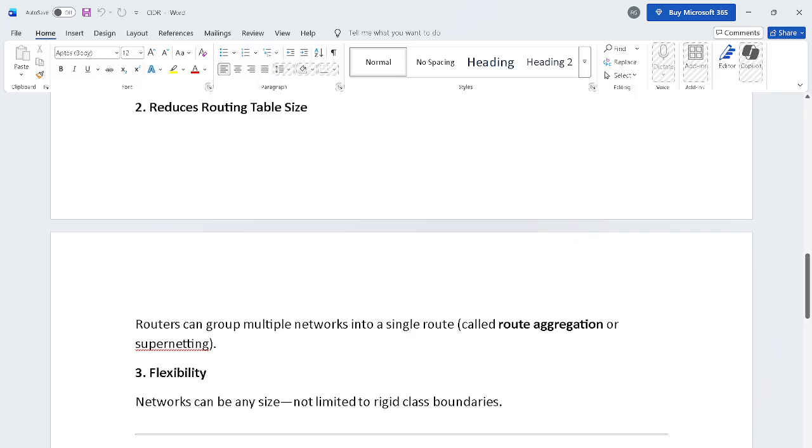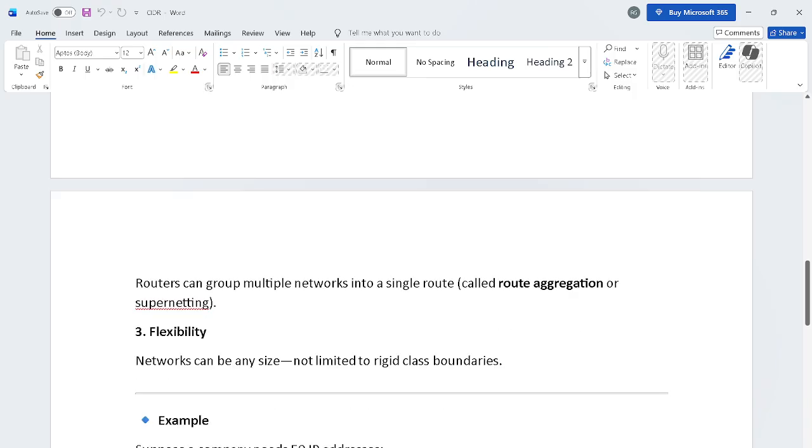Routers can group multiple networks into a single route, called route aggregation or supernetting. So it reduces the routing table size. If you give more IP addresses, the routing table would be larger, right? In this case it reduces that as well.